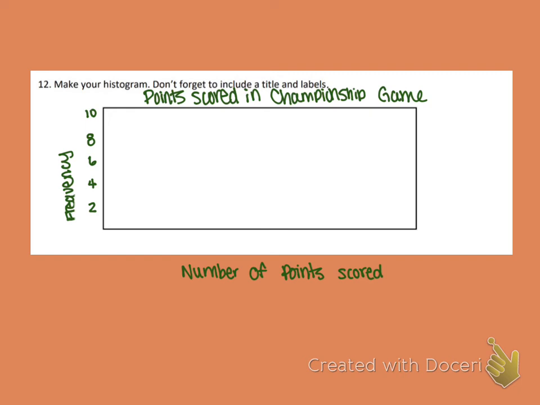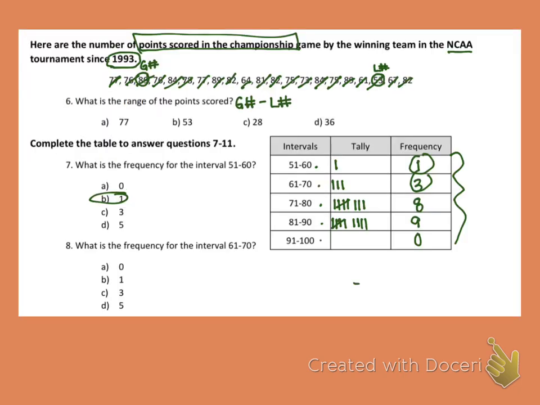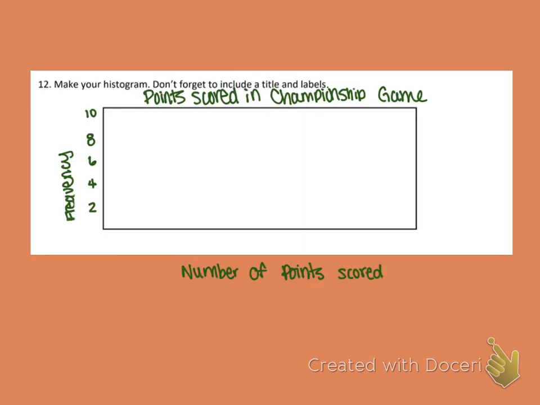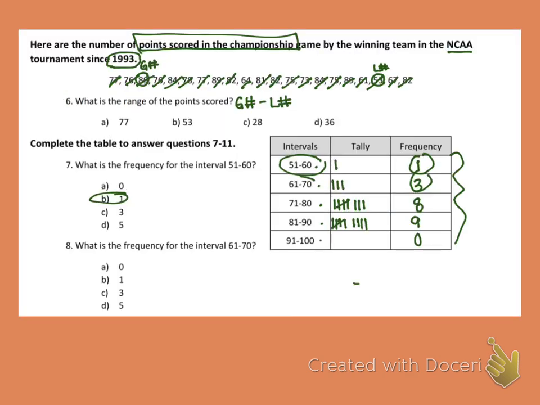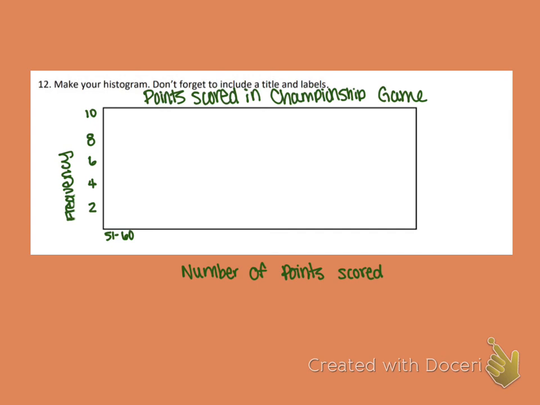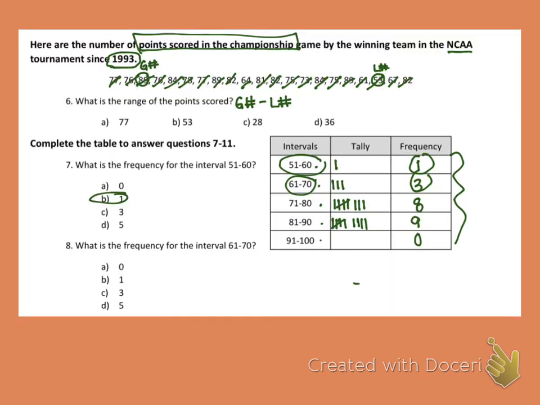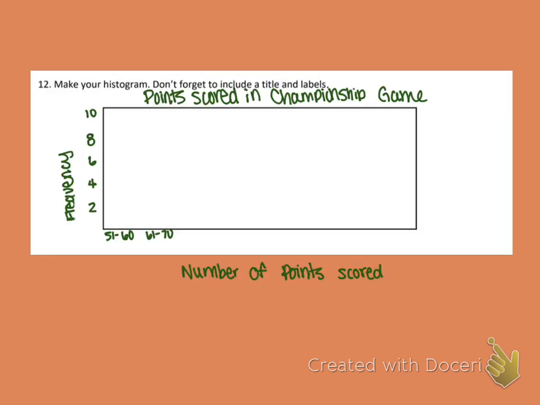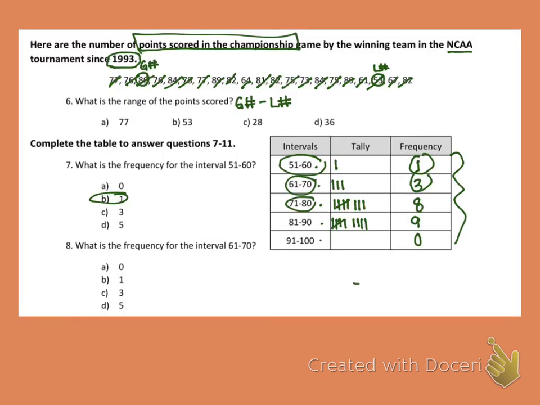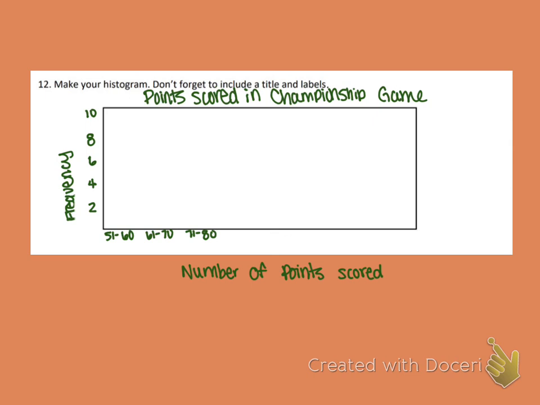So our first interval is from 51 to 60. The second interval is from 61 to 70. 71 to 80. 81 to 90.